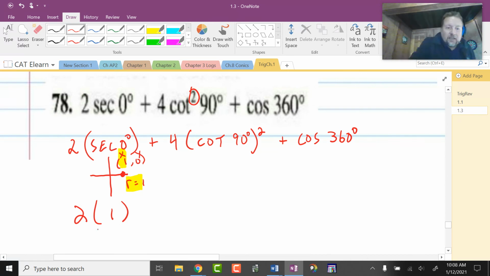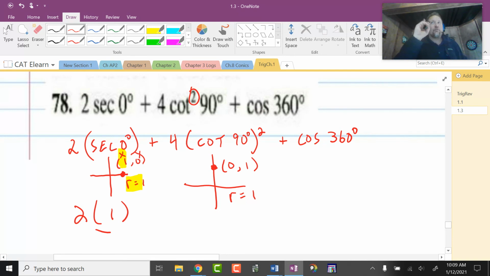You don't know that you take the secant of an angle measure, and the result is a ratio of sides. No word secant anymore. All right. 90 degrees, that's up here. That coordinate is 0 comma 1 for x comma y.